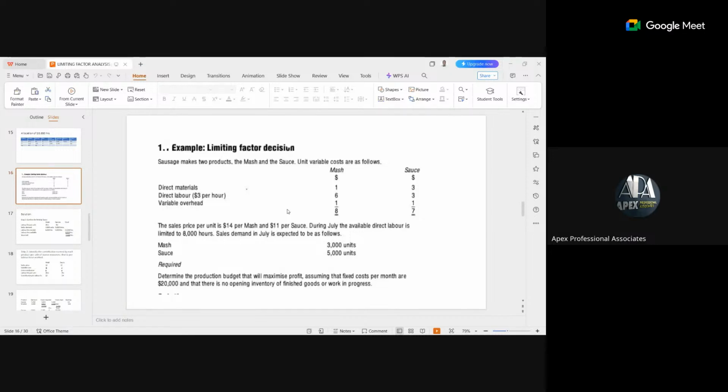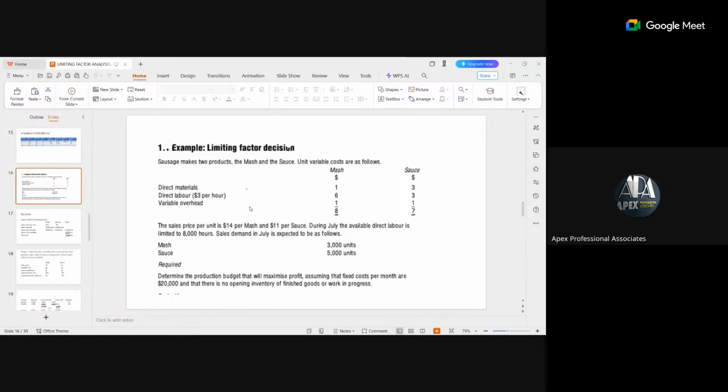Whenever you're solving a PM question and you see anything in brackets, that value in brackets is a pointer, a red flag: direct labor in brackets $3 per hour, and I'm still having $6 under mesh and $3 under source.